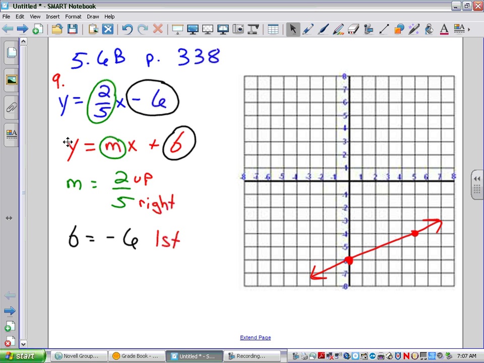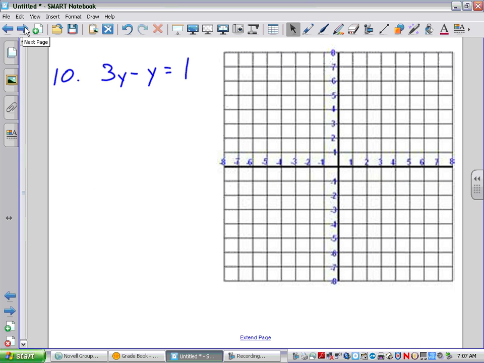Let's now do number 10. Number 10, 3, that should say, that's a mistake. 3x, I apologize. 3x minus y equals 1. That is not in slope-intercept form because it doesn't start y equals.